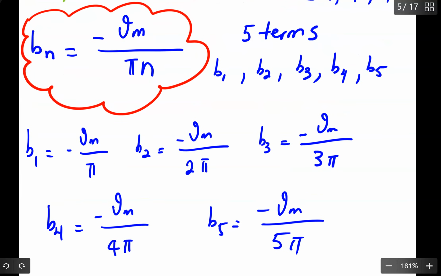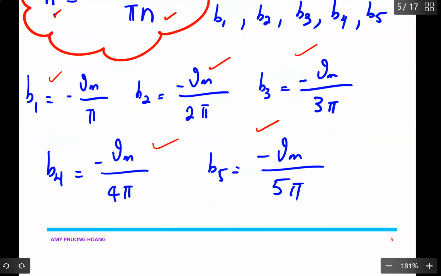So according to whatever n that you found here, if you replace n by the number that you need to replace, then you make sure that you include that into the formulas as well. So these are just the 5 Fourier coefficients, but we need to write the Fourier series of 5 terms.